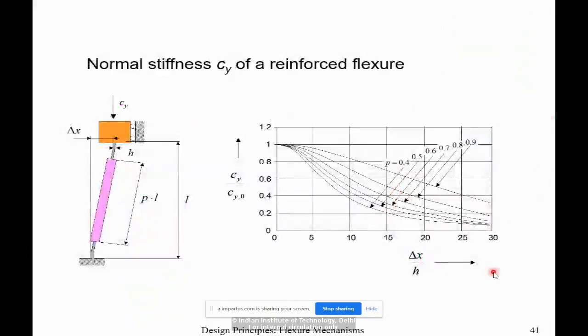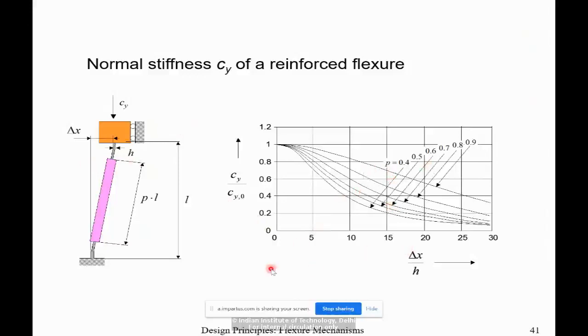And similar charts you have. So if you have a solid deflected by delta x, what will happen, how it will affect the stiffness in the constraint direction. So for different kind of p, now you see that is changing for given delta x.